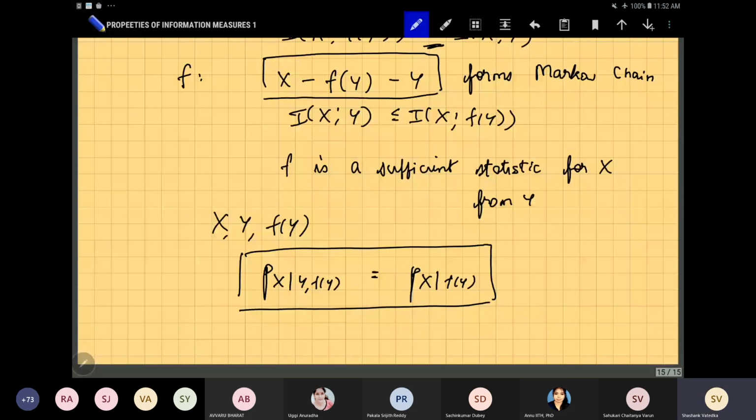So one way to think about this is that f of y could be an estimate for x, and in one sense, the best estimate f of y would be one which forms a sufficient statistic for x.